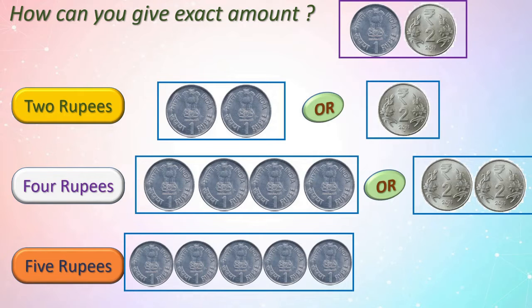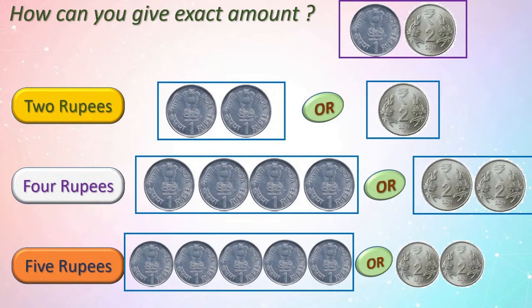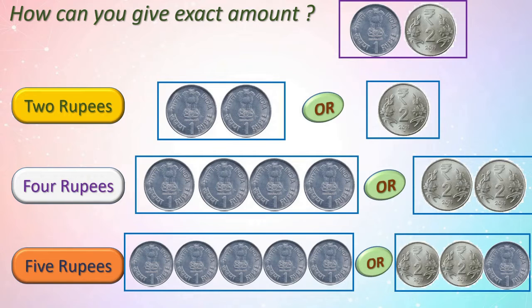That became 5 rupees. Or, yes, you will give 2 rupee 2 coins, that is 4 rupees, plus 1 rupee 1 coin. That also makes 5 rupees. Isn't it? Okay.